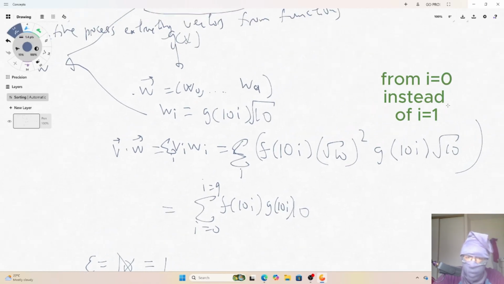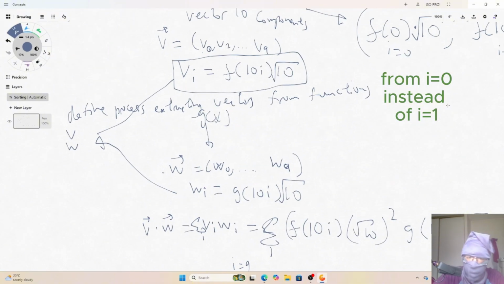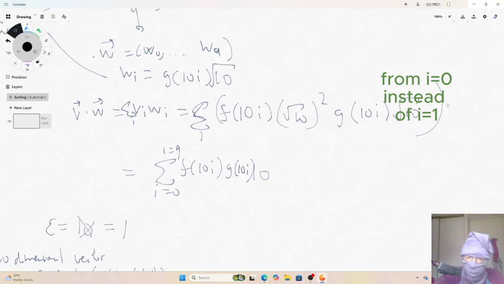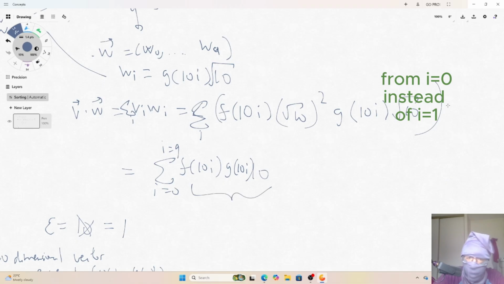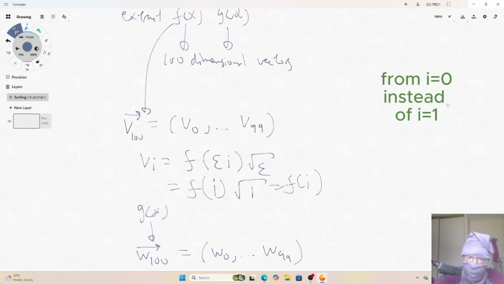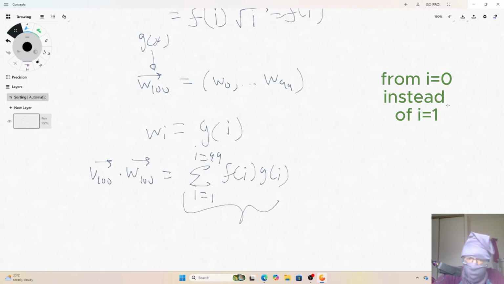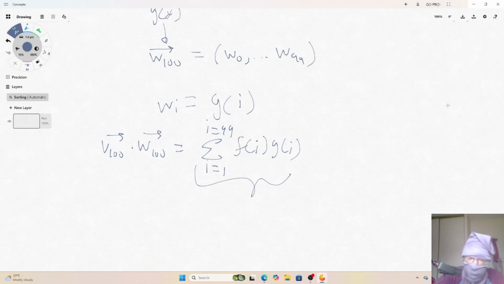When we extracted 10-dimensional vectors, the inner product was given by this, and there was a factor of 10. As I reduced epsilon from 10 to epsilon equals 1, you find that the extracted vectors have this form.